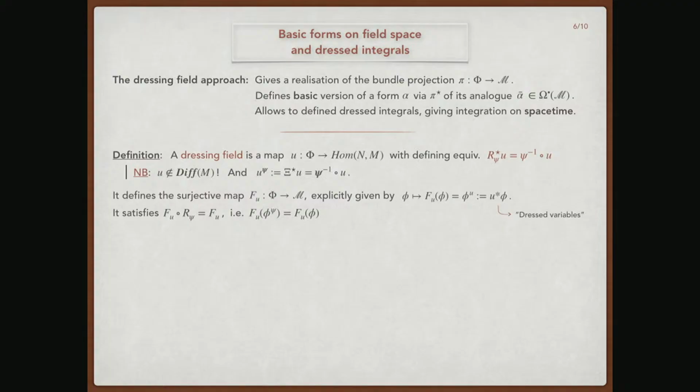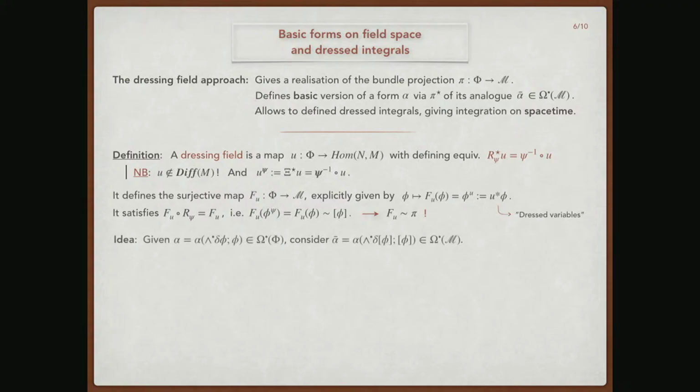So this is what it means. It collapses all the gauge orbit into a single point. So you realize the dressed object is essentially a coordinatization, if you like, of a point of the moduli space, which represents the physical degrees of freedom.